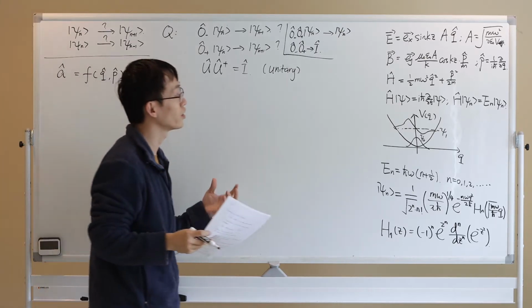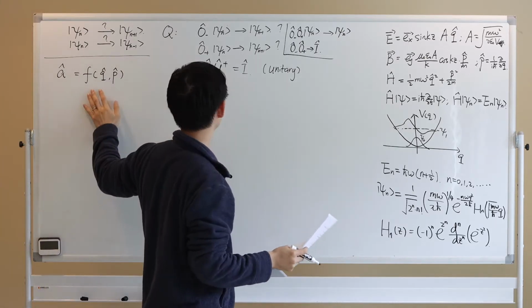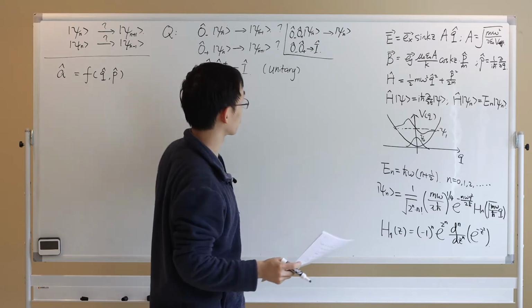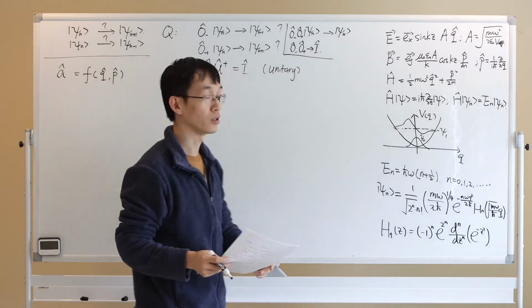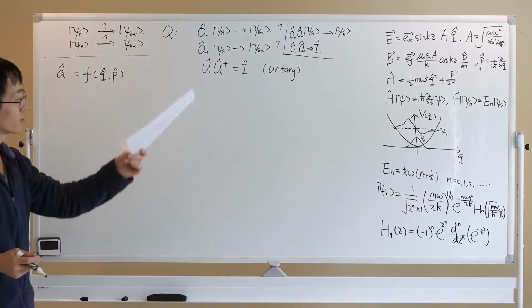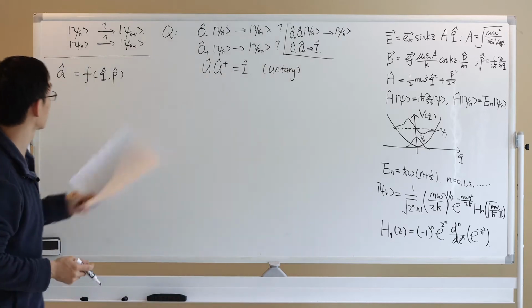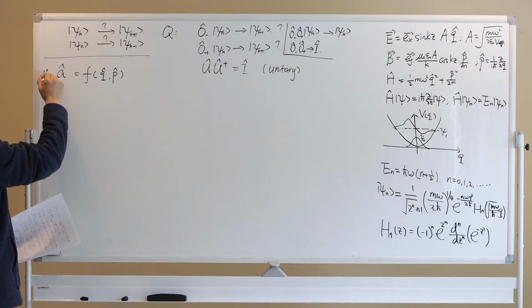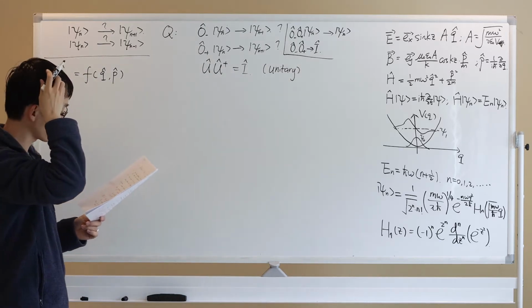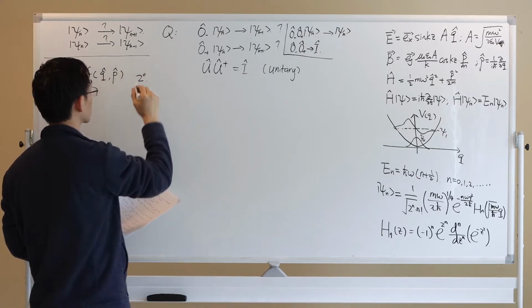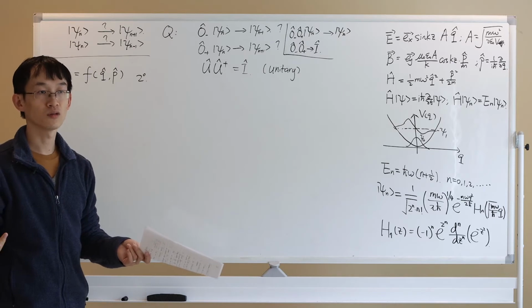Otherwise, there's no way that you can build a connection between your annihilation and creation operator with the system, with the photon. So this is the number one thing. The second thing is, what should it look like?